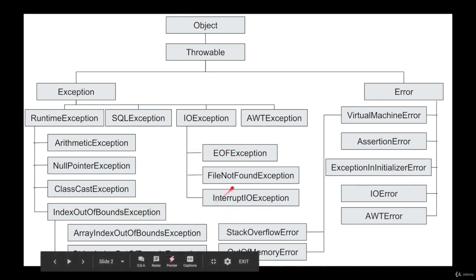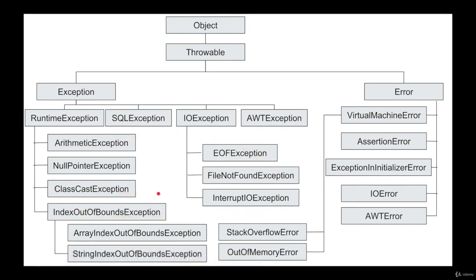All the common methods and all the common variables that are needed for all the exception classes will exist in the parent Exception class. So this is an example of inheritance.